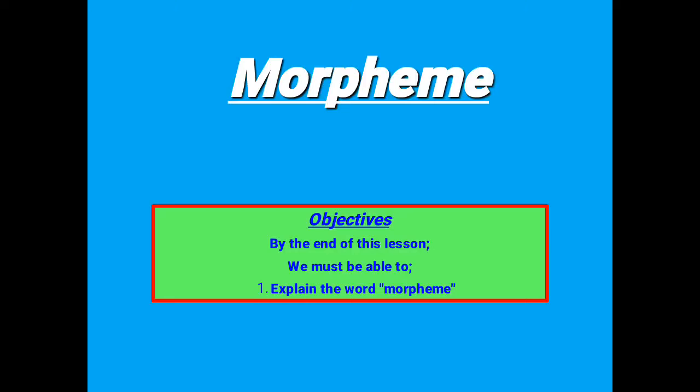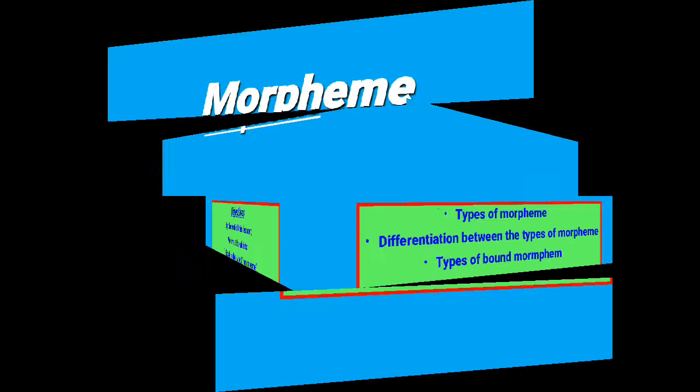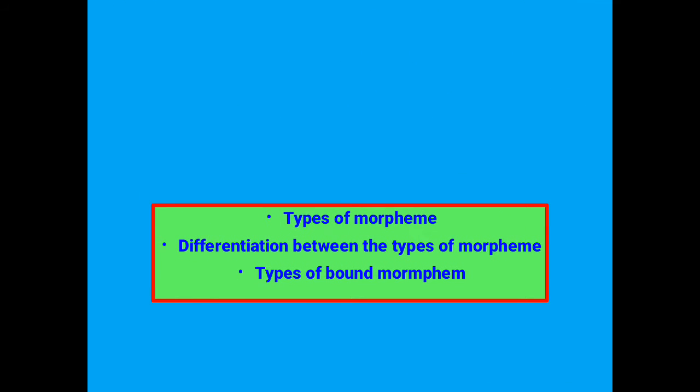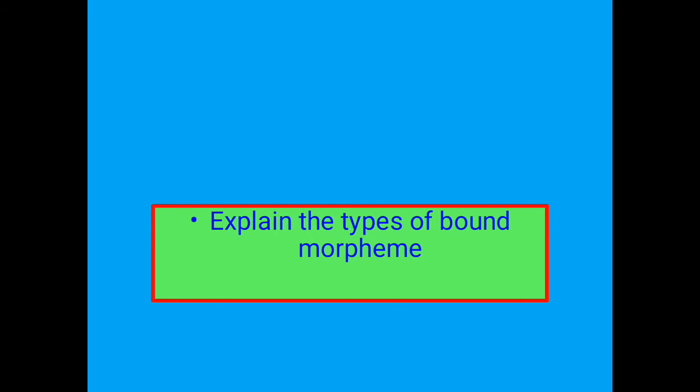Explain the word morpheme, 2. List the types of morpheme, 3. Differentiate between the types of morpheme, and also list the types of bound morpheme, and lastly explain the types of bound morpheme.